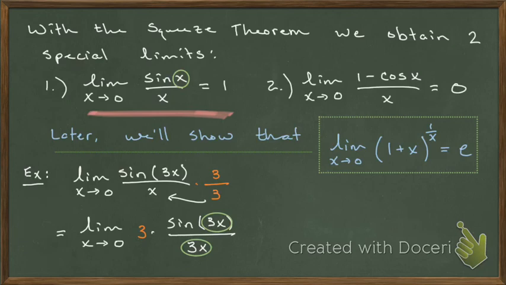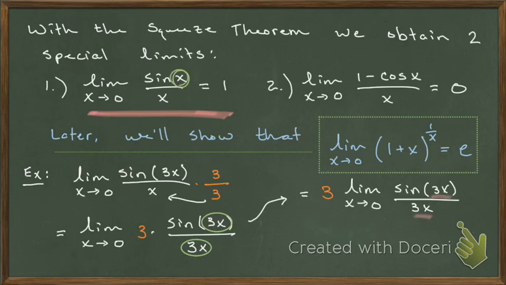The extra 3 that I have, I know that I can pull out and be left with 3 times the limit as x goes to 0 of sine of 3x over 3x, and I can apply my special limit then. That limit is exactly 1, times 3 should give me a 3. And it's because those arguments are the exact same.